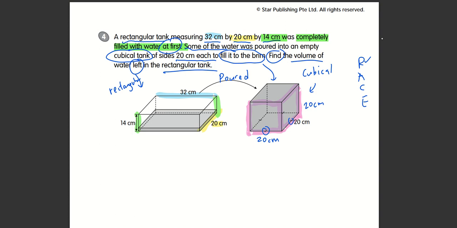Ultimately you see the volume of the water left in the rectangular tank. So with this key, you know that to find this answer, instead of using the change in height, I need to go with the volume of the water in the tank at first, minus whatever happened to the water, that means poured out.